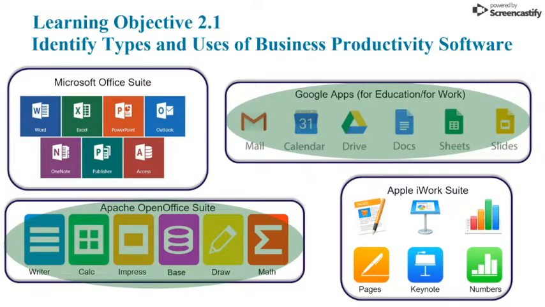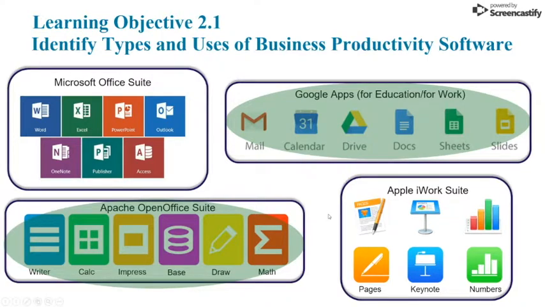Business productivity software usually comes in what is called an Office suite. The most common Office suite is Microsoft Office Suite, of course, as we can see here on the left side. We've also got various competitor suites, a main one being the Apple Office Suite called iWork.